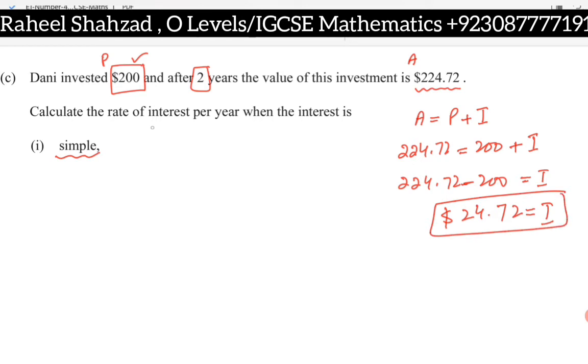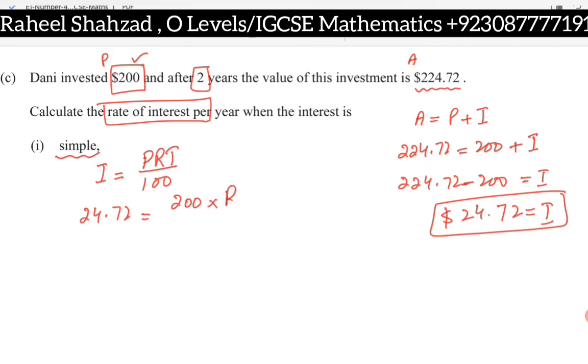Now we need to find the rate of interest in this question. So the formula for simple interest is I equals PRT divided by 100, right? Interest is 24.72, which is equal to the principal value that was initially deposited, 200, times the interest rate we are looking for, time is 2, upon 100.